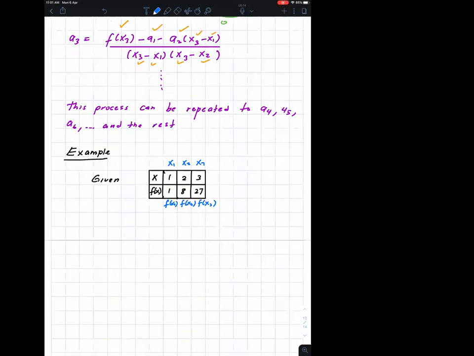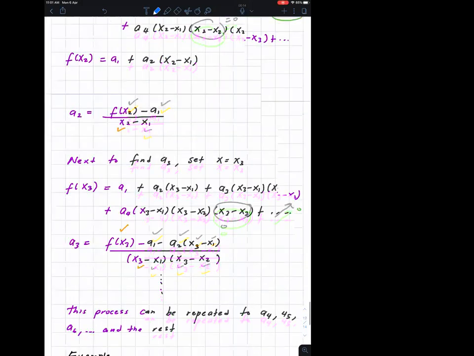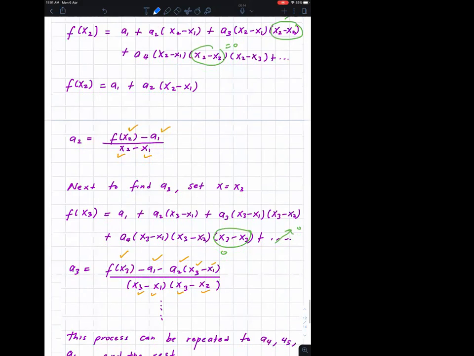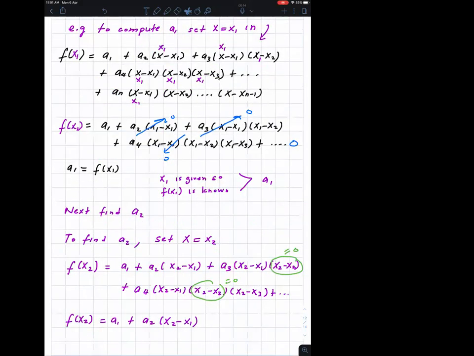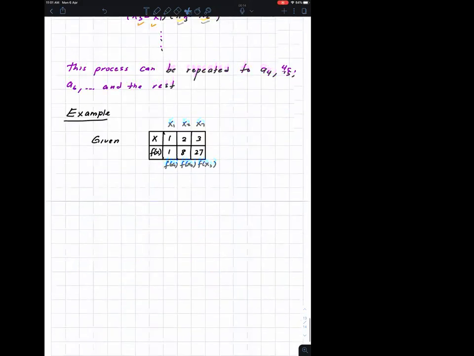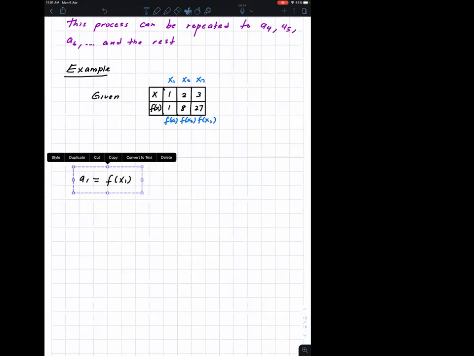So we have all these formulas for the coefficients. We have this formula to find A1. In this case, it's already there. Why go and derive this again? It's already there, so let's use it. So A1 is equal to fx1. And what is fx1?